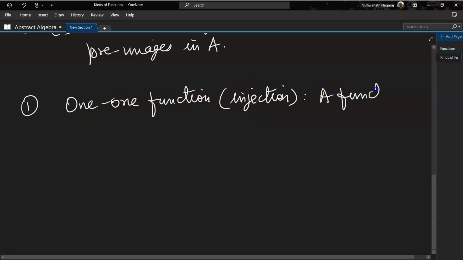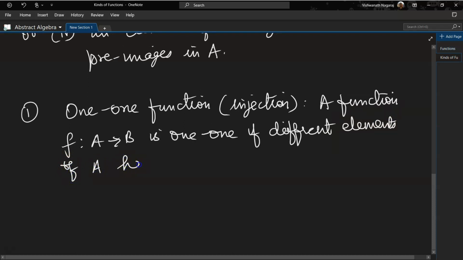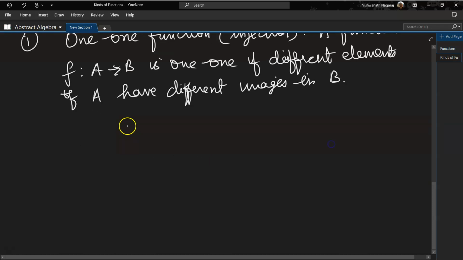A function f from A to B is one-to-one if different elements of A have different images in B. So the way we would write it is f from A to B is one-to-one implies and is implied by a1 is not equal to a2.